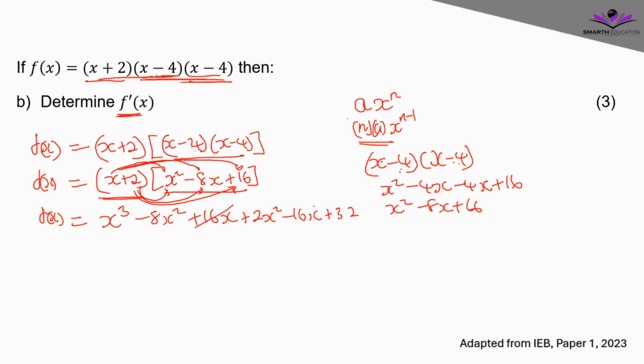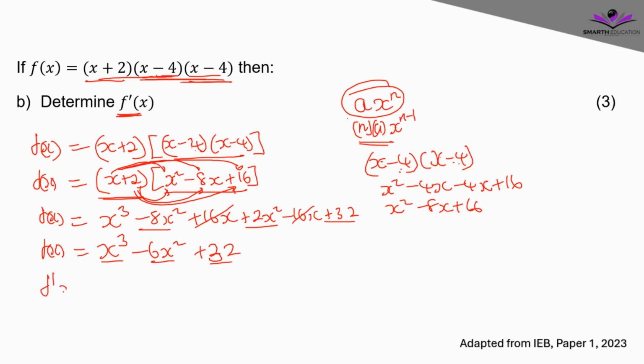Positive 16x minus 16x is 0. We remain with f of x is equal to x cubed, then negative 8x squared plus 2x squared, that is negative 6x squared, and then plus 32 like that. Now we have our terms like this. We can now derive using the rules of differentiation.